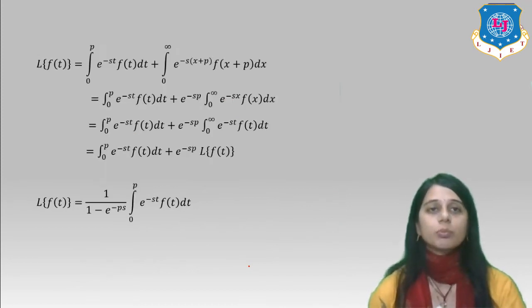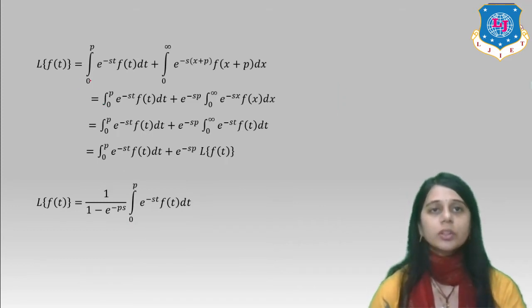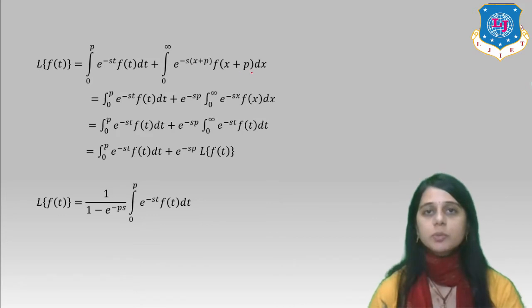Okay. So, putting the values in the second integral, we get the first integral as it is. In the second integral, integration 0 to infinity of e raised to minus s times x plus p, f of x dx. Now e raised to minus sp is a constant with respect to x, so we take it common, leaving integration 0 to infinity of e raised to minus sx f of x dx.